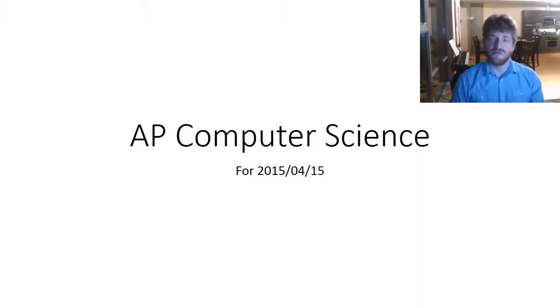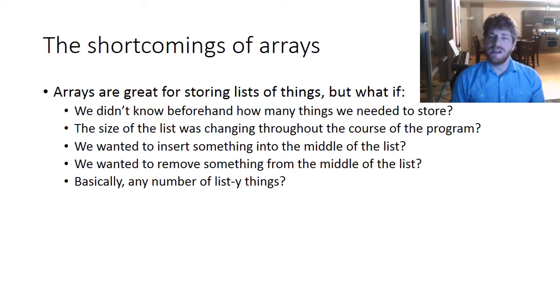Today we'll be talking about array lists, which are very exciting. But first, let's return to our old friend, the array. Arrays are great. They're very powerful tools for representing sequences of elements. But they also have a number of shortcomings. What if, for example, we didn't know how many things were going to be in the list that we were managing?